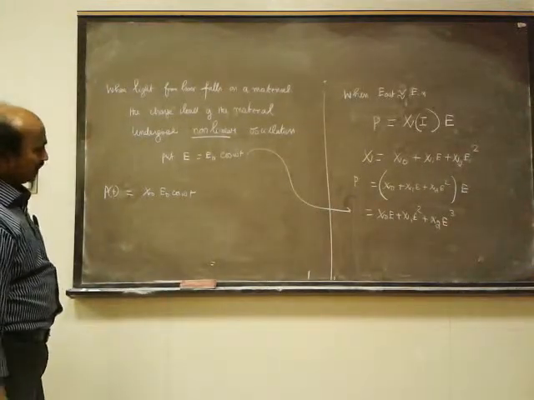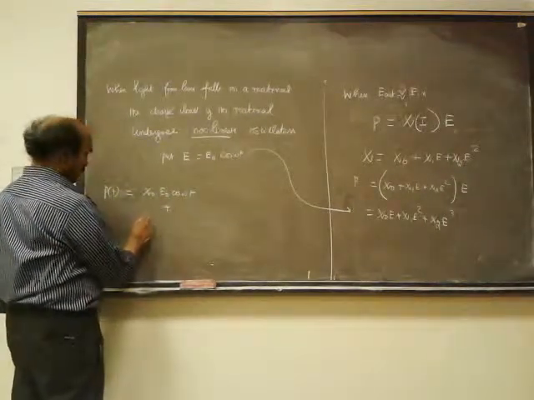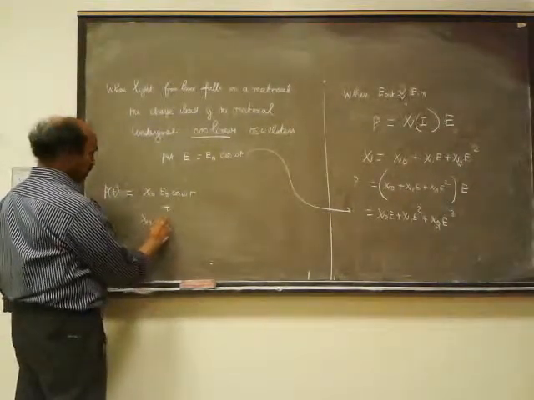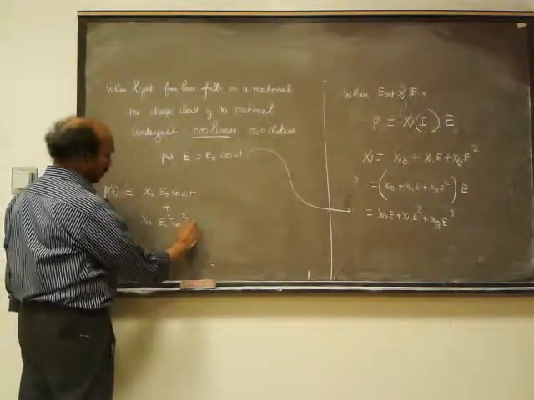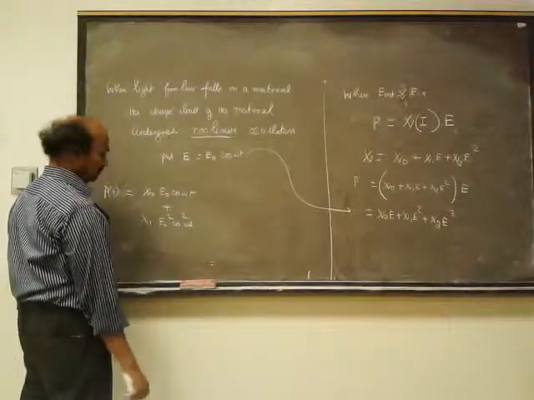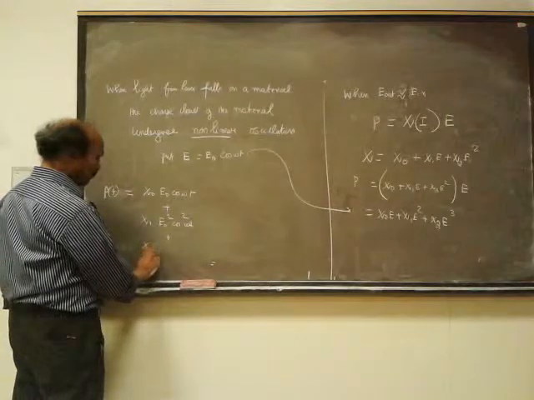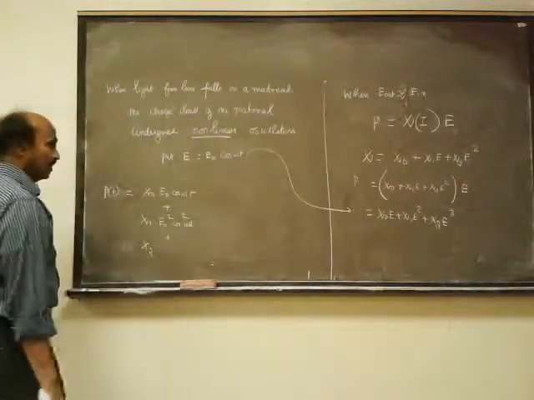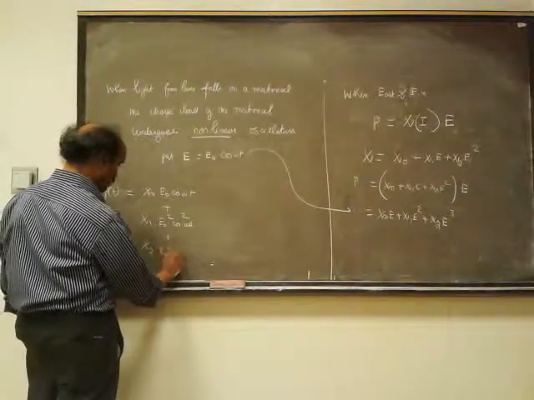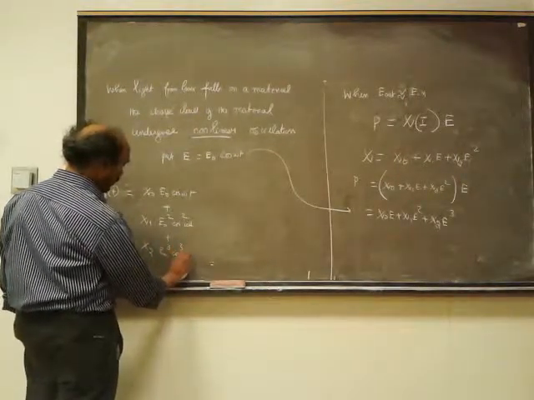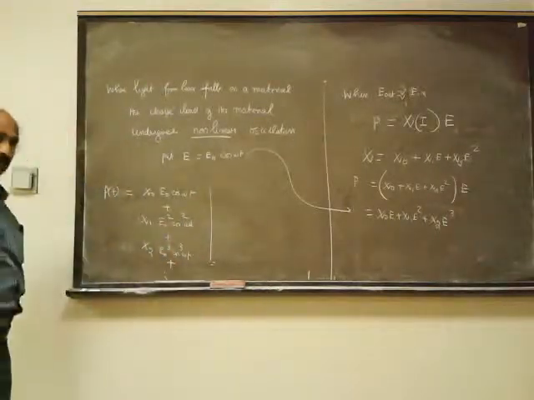Plus chi 1 E naught square cos square omega t, plus chi 2 E naught cube cos cube omega t, plus something something something.